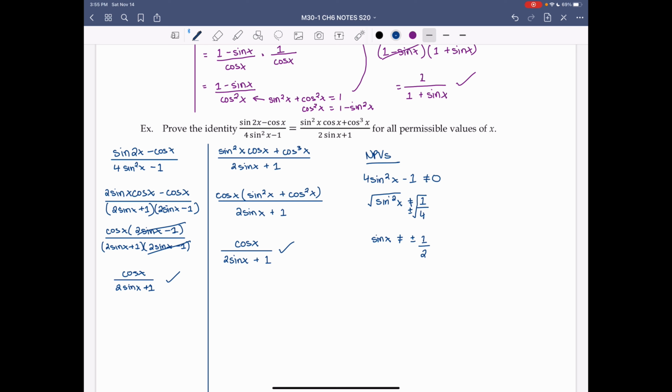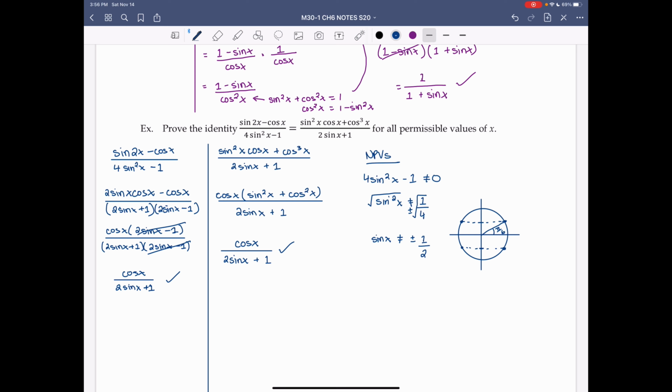When is sine equal to 1/2? Sine is the y value, so positive 1/2 here, negative 1/2 here. That's our smallest of the special angles, so pi over 6.